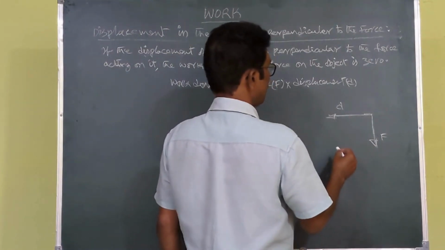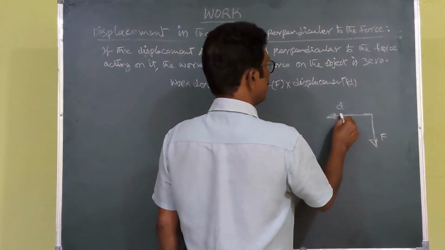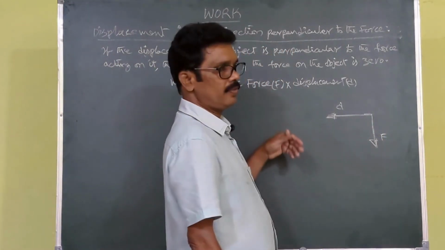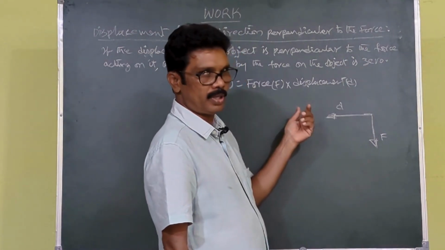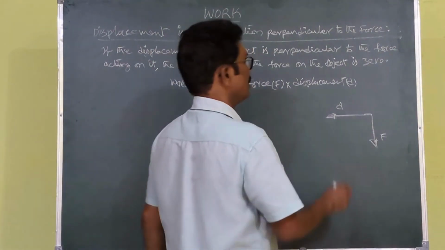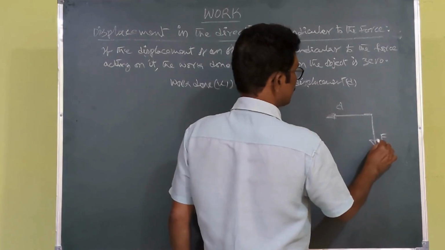Of course, the aeroplane is moving in this direction because of its internal mechanism. That concept depends on action equal to reaction, Newton's third law. But we are talking only about the gravitational force.